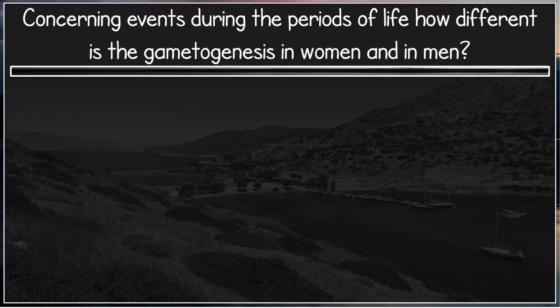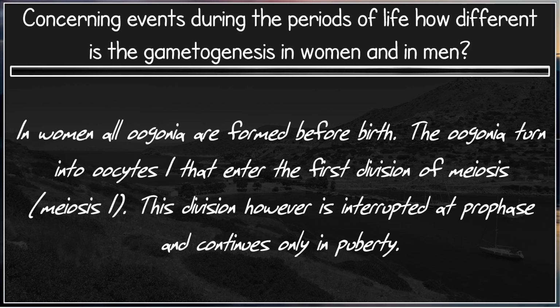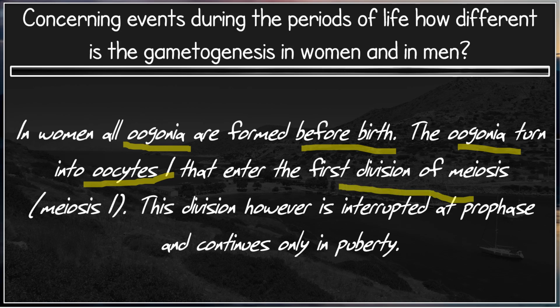In women, the oogonia are formed before birth. The oogonia turns into oocyte 1 and enter the first division of meiosis, meiosis 1. This division, however, is interrupted at prophase and continues only in puberty.